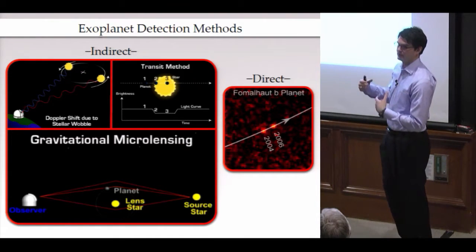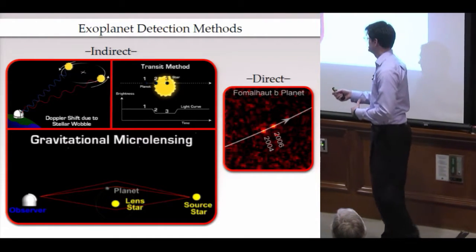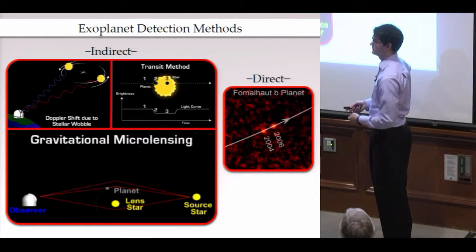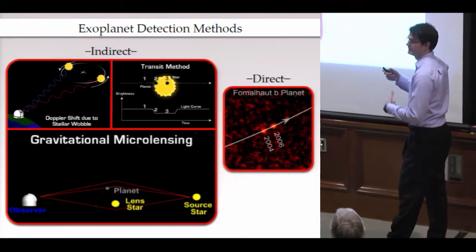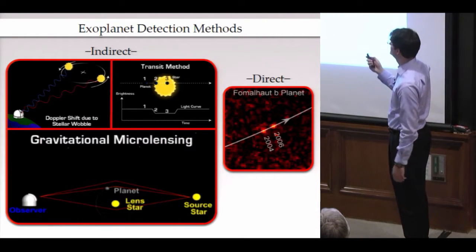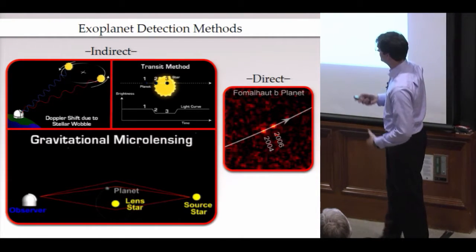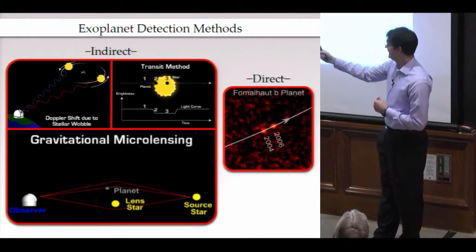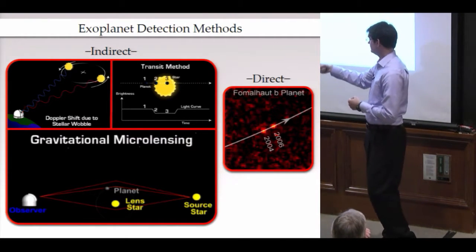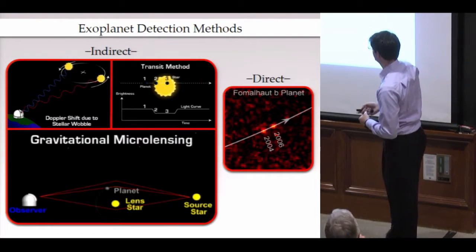So either the centroids of absorption lines in host star spectra via the radial velocity method, or variations in the apparent brightness of the host stars via the transit method, or variations in the magnification of a background source star that happens to be near our line of sight to an exoplanet host star.